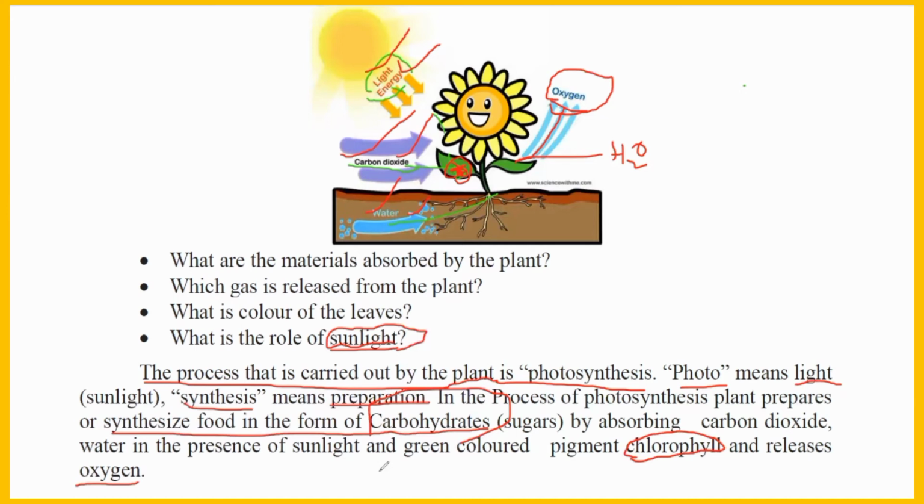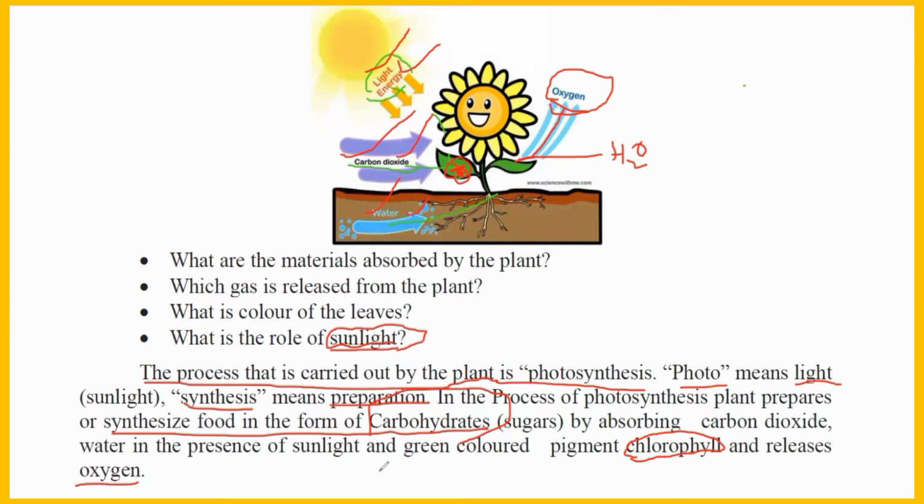So now I will try my level best in giving the definition of photosynthesis. You can remember: all green plants take water from the ground and carbon dioxide from the atmosphere.